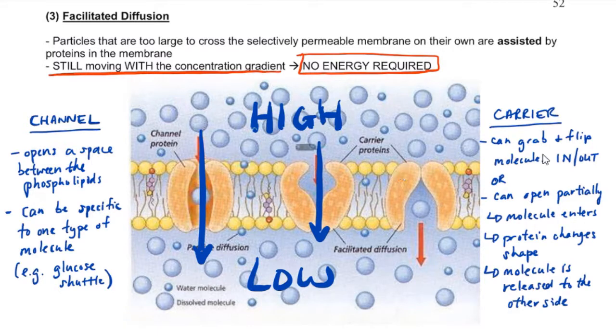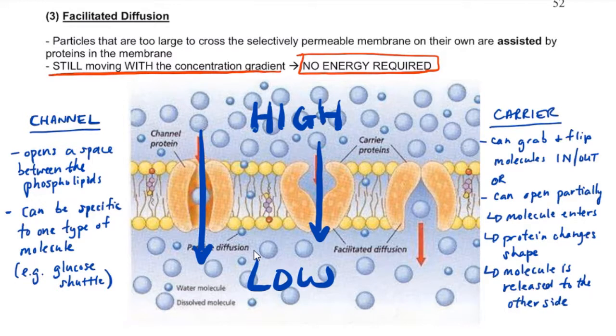So you can grab and flip, or partially open and have this conformational change and allow entry to that particular molecule. It's particular. And again, it's facilitated diffusion, moving with the concentration gradient, no energy required, but they need a little help to get through because they're too large. That's the end of our conversation on passive transport.